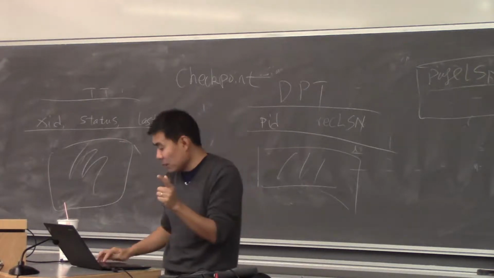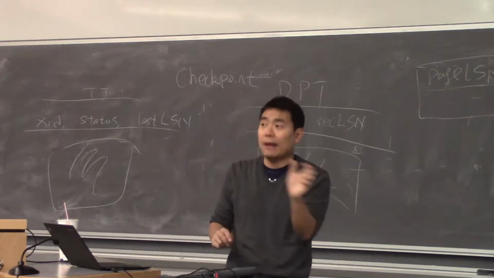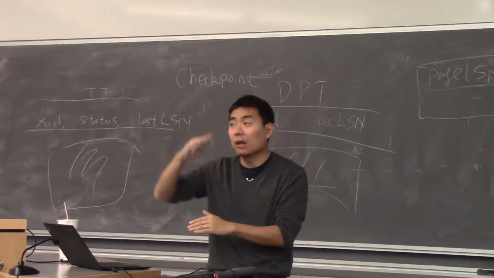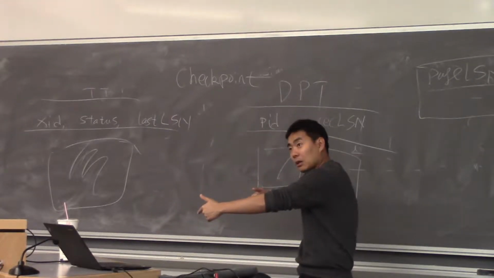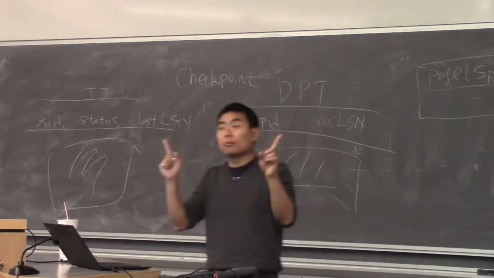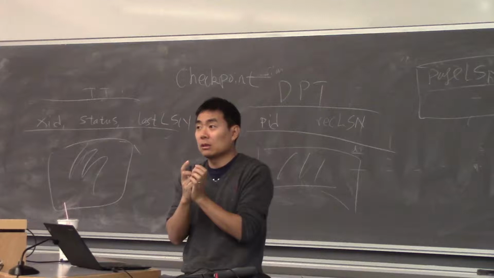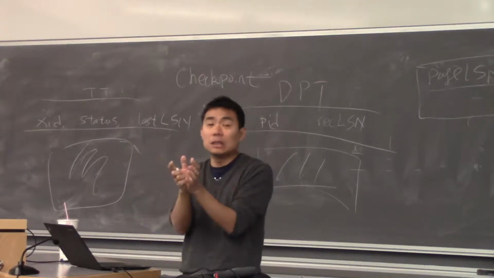So one thing I skipped really quickly is that in a real database system, you will see start checkpoint and end checkpoint. There will be a gap between the two because it takes time to dump these two tables to disk. In this class, however, we make a simplification. In most cases, we assume this is an atomic operation. Start checkpoint and end checkpoint happen almost instantaneously.